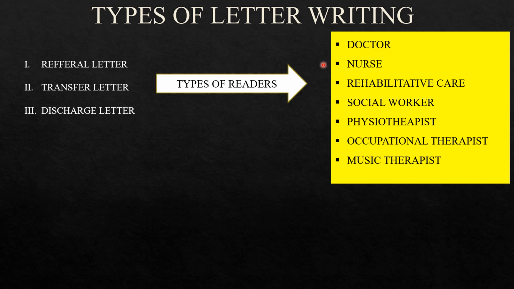Then you need to write in a different form of introduction as well as a different form of the letter. With nurses, again, the words are different compared to the doctor, because nurses give the care and doctors give the intervention. Rehabilitative care goes with the physiotherapist as well as the nurse, and doctors only give the care in palliative care, okay?